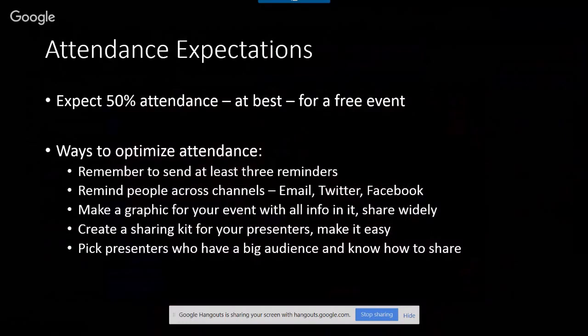You might have noticed that in both events, even though the numbers were scaling very differently, 50% is a really good expectation for a free event. So if you have 100 people on your RSVP list, 50% is a good day. It might be 40 people that show up, just so that you know. Free events, even though there might be free beer, do not always yield 100% attendance.